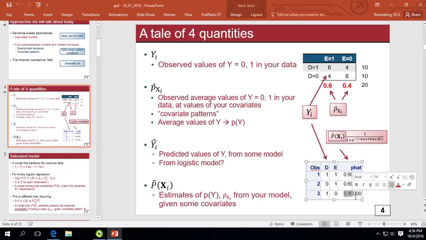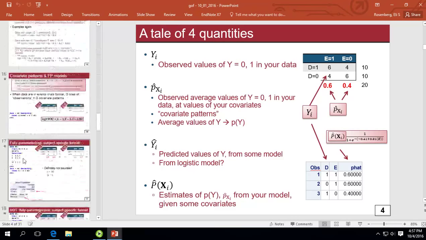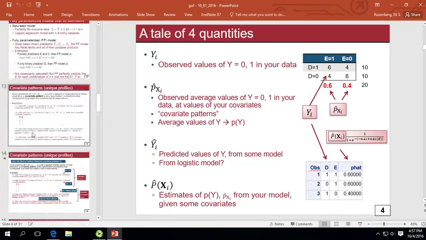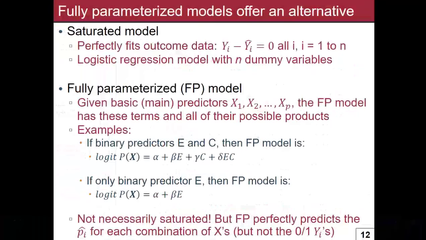So here we go over here. Your model exactly predicts the average experience of that group. Not the zeros and ones themselves, but it predicts the average in the population of the outcome. That's what the fully parameterized model does, and we're going to illustrate this with SAS in a few slides, but I wanted to show what I mean by that. So it doesn't predict zeros and ones.